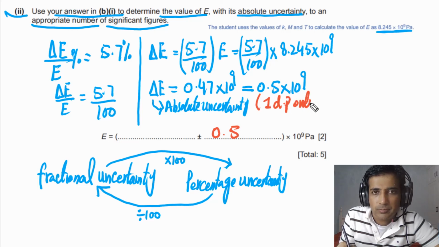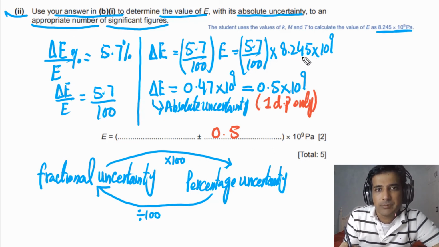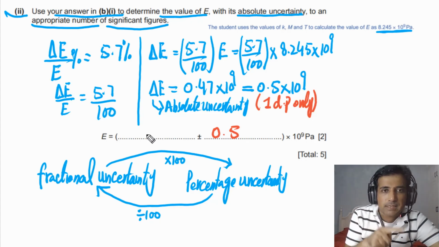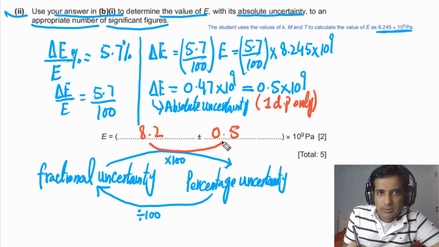This is the main point you need to understand. Now the measurement is given to you up to 3 decimal places. Absolute uncertainty and the measurement must have the same number of decimal places. So we can write this as 8.2. These two quantities, absolute uncertainty and measurement, should have the same dp.